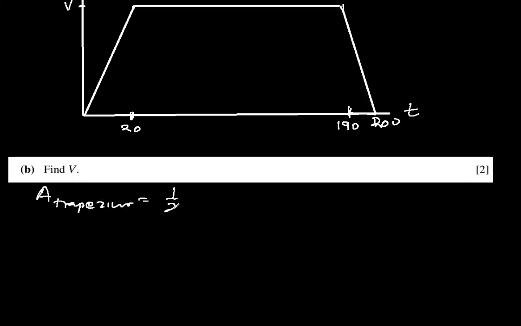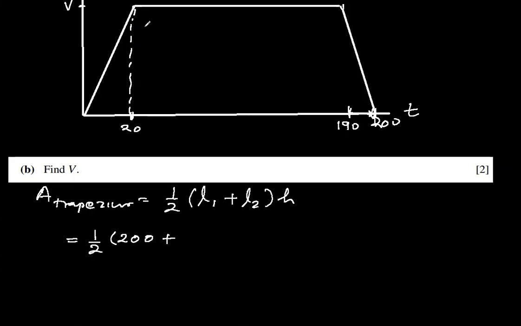Half times first parallel line plus second parallel line, multiplied by the height between them. Let's substitute from the graph. The first parallel line, the bottom line, is 200, plus the shorter parallel line, the top line, from 20 to 190, which is 170.